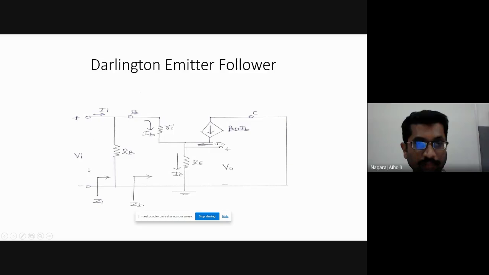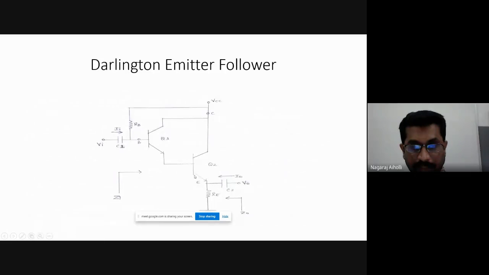Input current is Ii, input voltage is Vi, and output voltage is taken across the emitter resistance Re. Output current is I0, and just see here, it is flowing into the emitter terminal. Input current is flowing into the base terminal according to the convention of the two-port network.